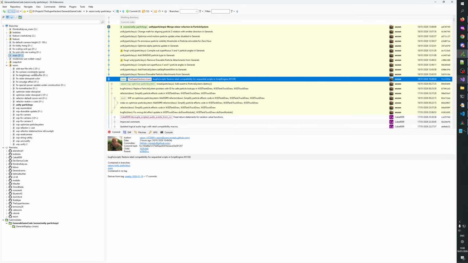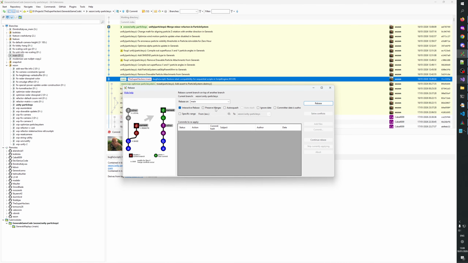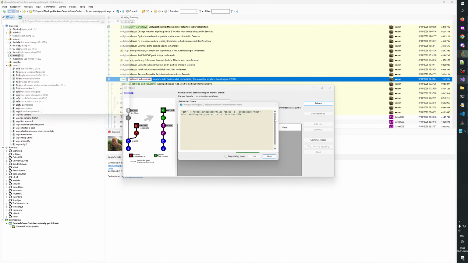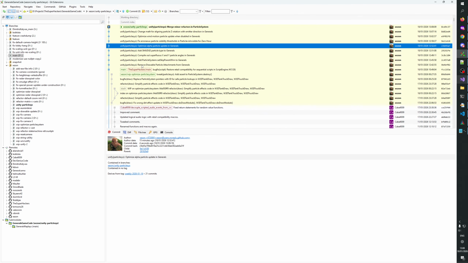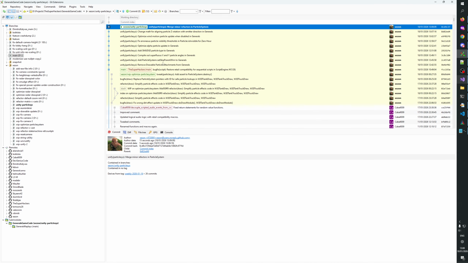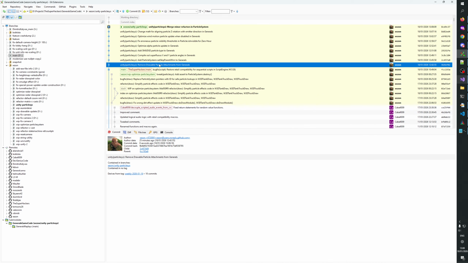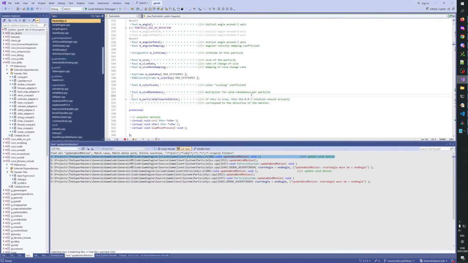Let's do a rebase on main. So these are 1, 2, 3, 4, 5, 6, 7, 8, 9 changes. Very nice. Okay, and let's first test that it builds.